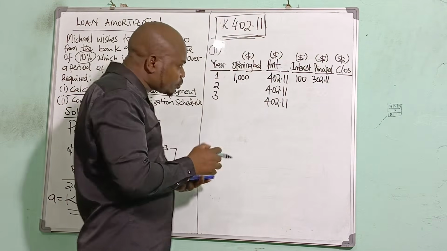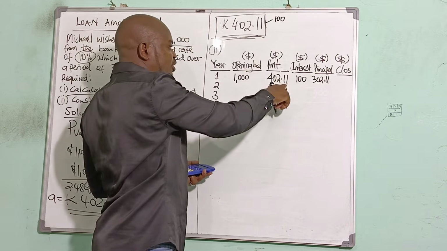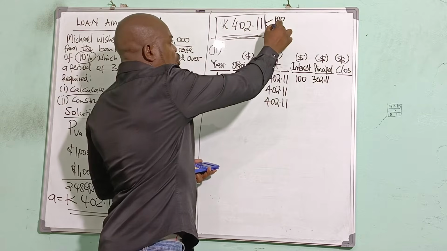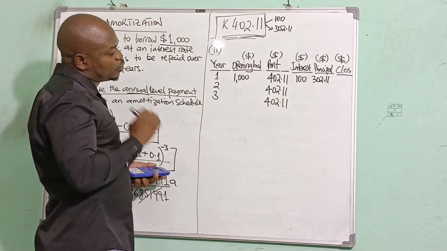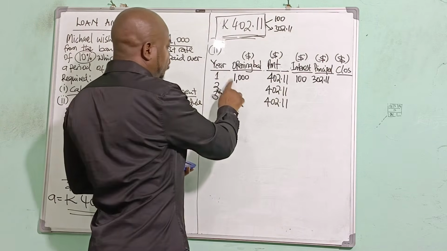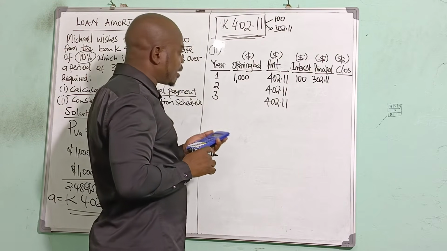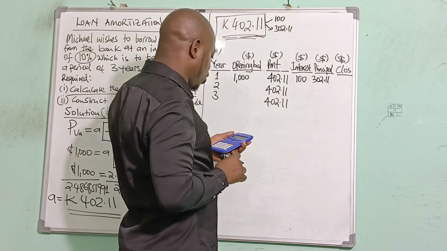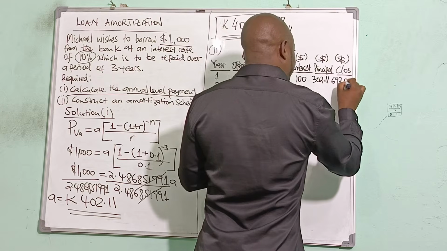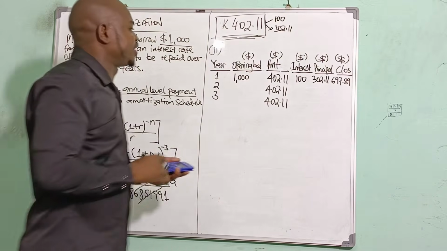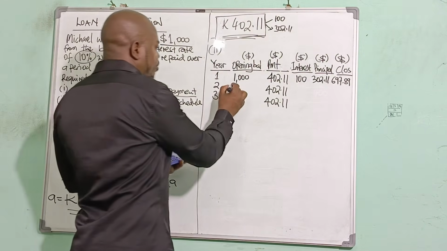There is 100 as interest and 302.11 as principal, which reduces the loan amount. So my closing balance is 1,000 minus 302.11, which is 697.89, my closing balance for year 1.